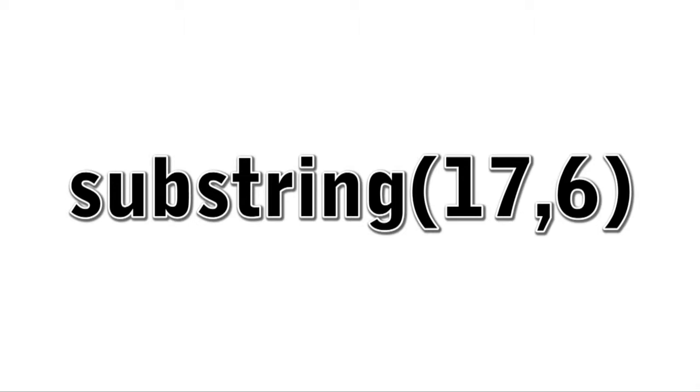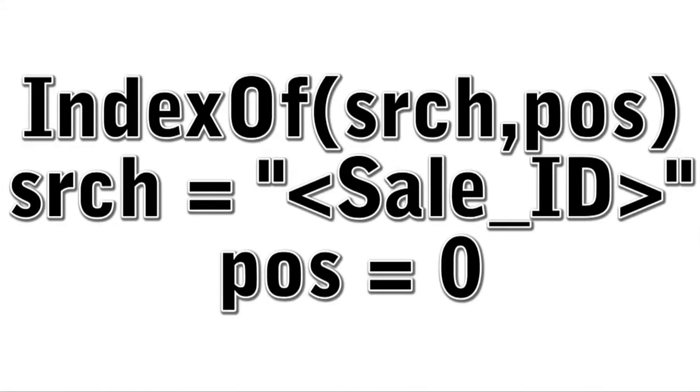All positions are determined by applying the function index_of. This function has 2 parameters, search string and start search position. In the current example, the search string would be sale ID and the starting position is 0. The end tag string is /sale ID.